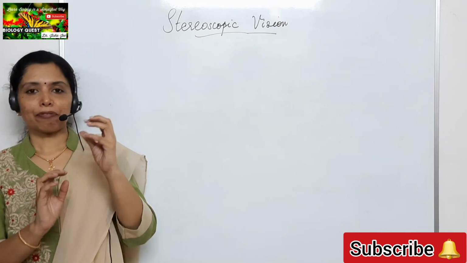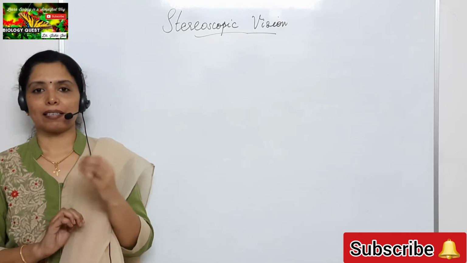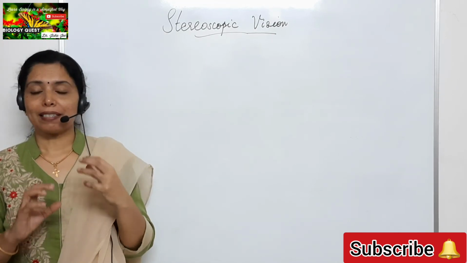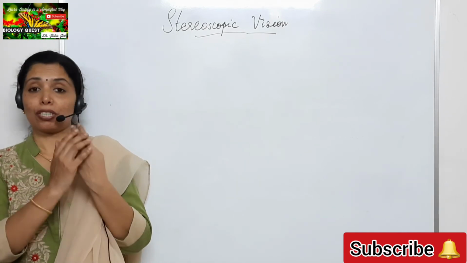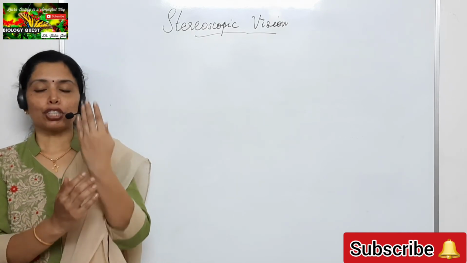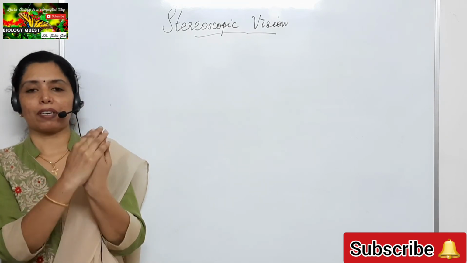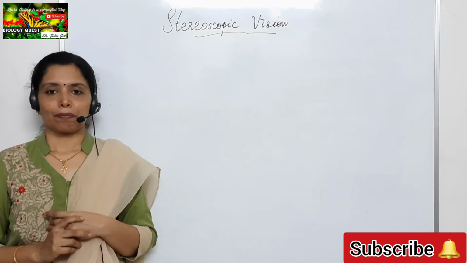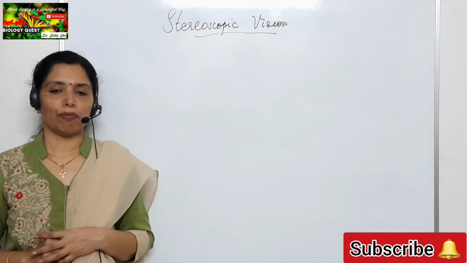The nerve impulse generated in each eye will be transmitted to the brain, and the two images overlap in the brain, giving a three-dimensional effect to the image. So this is called stereoscopic vision.